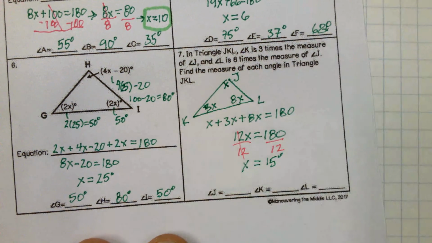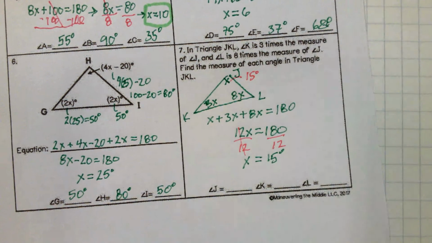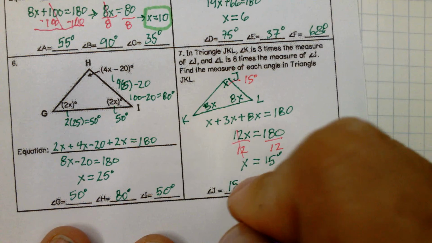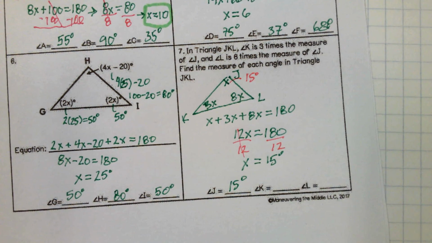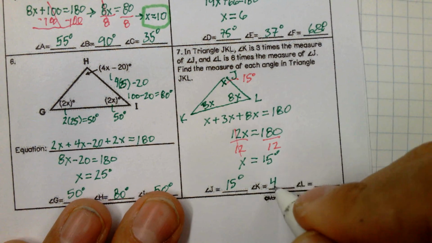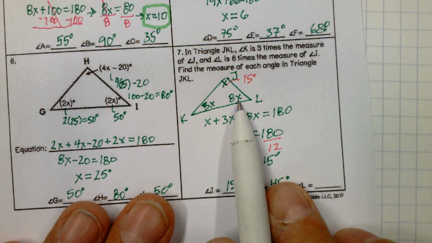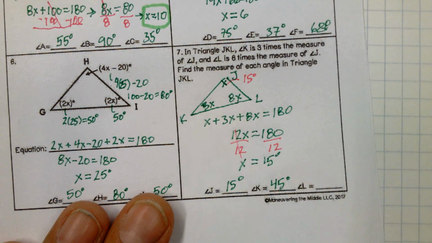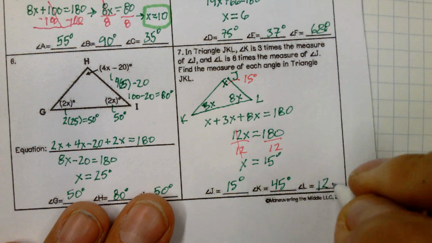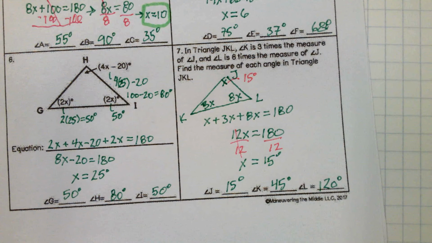So that means x is 15 degrees. So angle J is 15 degrees. Angle K is 3 times that, so that's 45 degrees. And angle L is 8 times that, so that's 120. There it is. Okay, so the assignment will be on Cami.